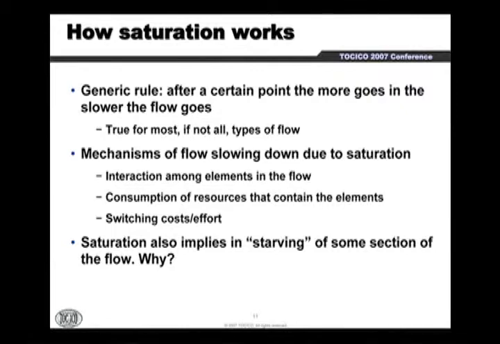The mechanisms of flow slowing are basically connected to the interaction between the elements amongst themselves and to the resources managing the flow. We have limited capacities of switching back and forth from one element to another, and sometimes the objects themselves interact with each other and cause a slowdown in the flow.